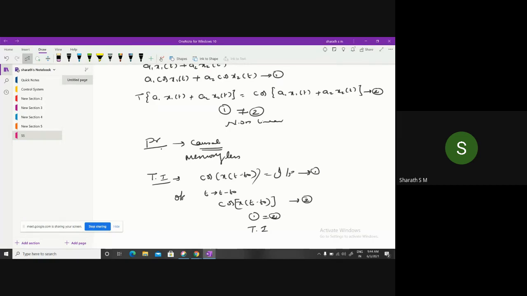The given system is non-linear, it's a causal system and memoryless, and it satisfies the time invariance property, and it's always a stable condition.